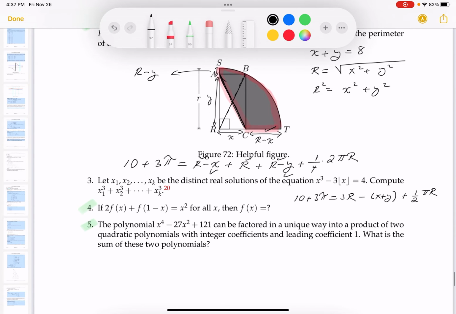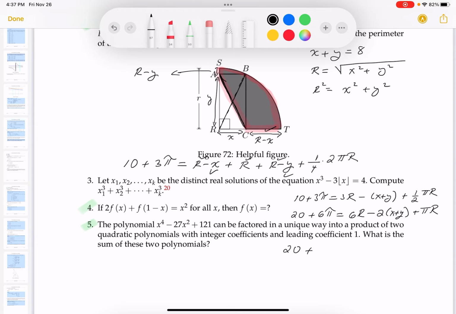I don't like the fractions. I'm going to multiply both sides by 2. Right, so what do you get? 20 plus 6 pi, 6r, minus 2 times x plus y, plus pi r. All right, let's keep going.